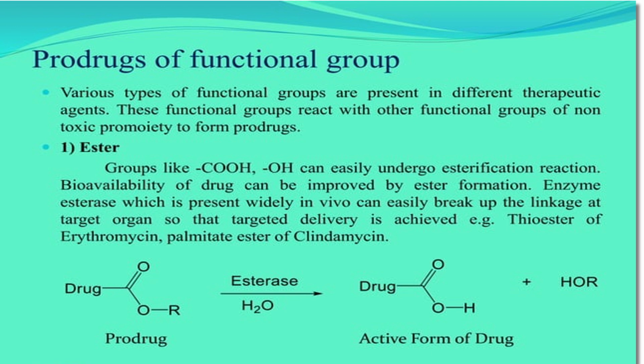Now here we will discuss an example of the first functional group, that is ester. Groups like carboxylic acid and hydroxyl group can easily undergo esterification reaction. We all know acidic functional groups and alcoholic functional groups come together to form an ester bond. Bioavailability of the drug can be improved by ester formation.